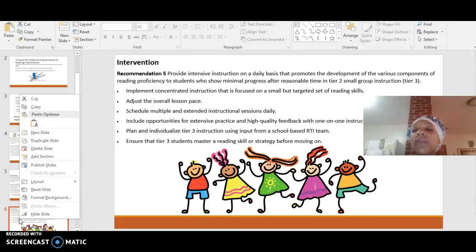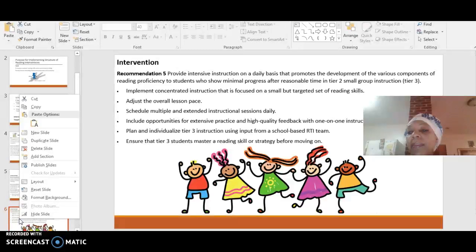You want to adjust the overall lesson pace of the students to see where they are. You want to schedule multiple intensive instructional sessions daily, which I was going to mention earlier, small groups. Small group can be a part of that. You want to include opportunities for extensive practice and high quality feedback with one-on-one instruction.